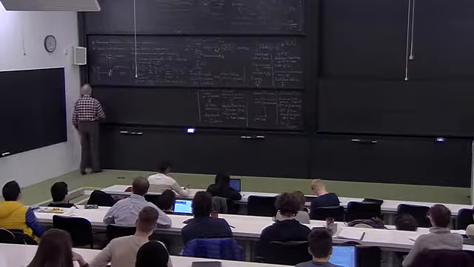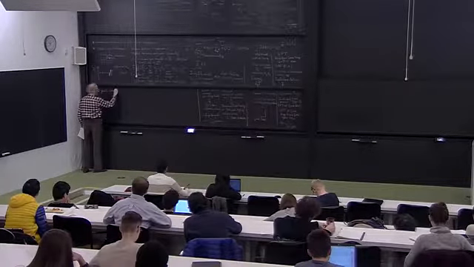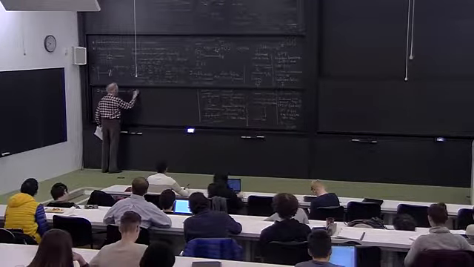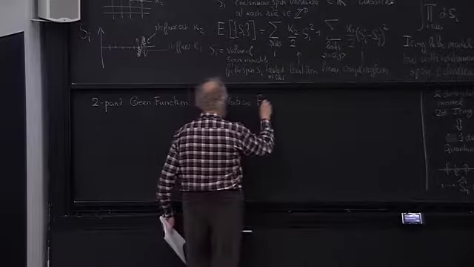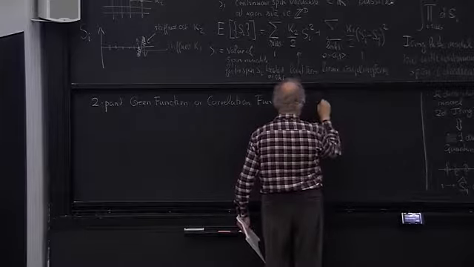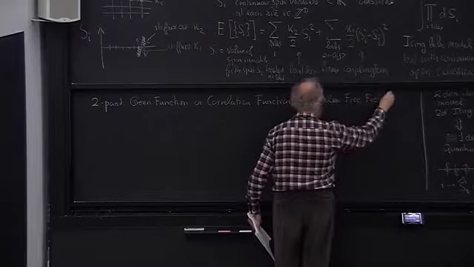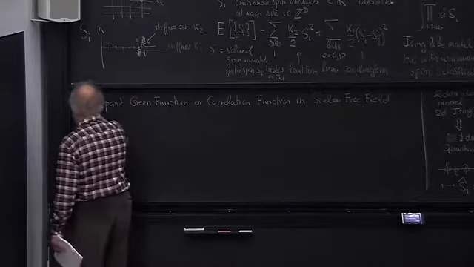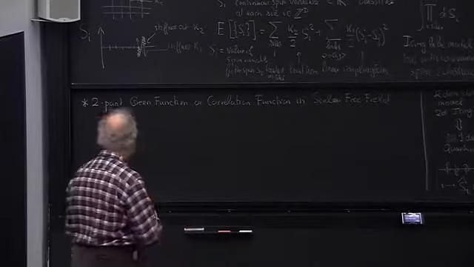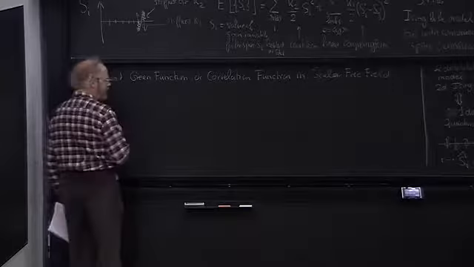So I'm going to discuss the properties of the two-point Green function, also called the correlator function, or correlation functions, in the scalar free field, using path or functional integral methods. You'll see that it's very easy to compute this.